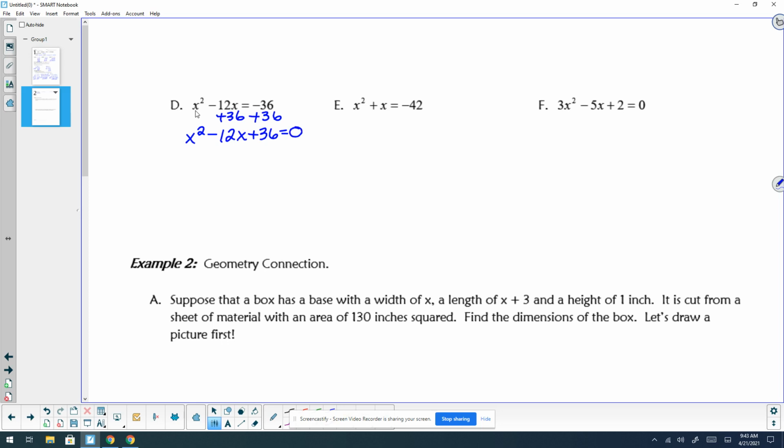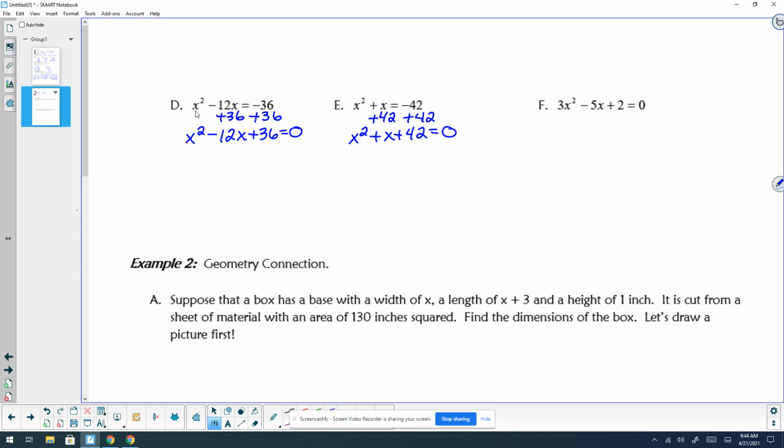Okay? The same thing on the second one. Because 42 is on the right, I want to get it back to the left with my x squared term. So I have x squared plus x plus 42 equals 0. On F, it's already set up that way for me, so I'm actually all right on F.